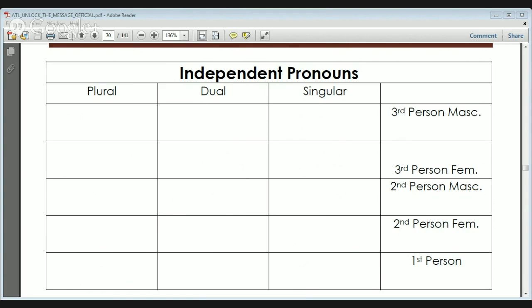The second pronoun after anta is antuma, which means both of you. And the attached pronoun is kuma.